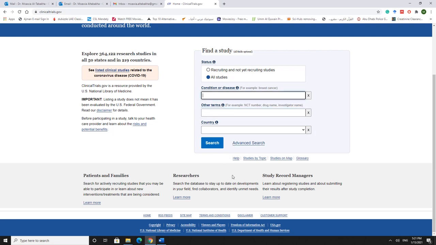So let's say I want to search, not COVID-19, I want to search about insulin inhalation. Meaning instead of injecting insulin, why don't diabetic patients inhale insulin in order to get the effect of reducing blood sugar? Let's say I want to look at recruiting or not yet recruiting studies, and then I do a search.